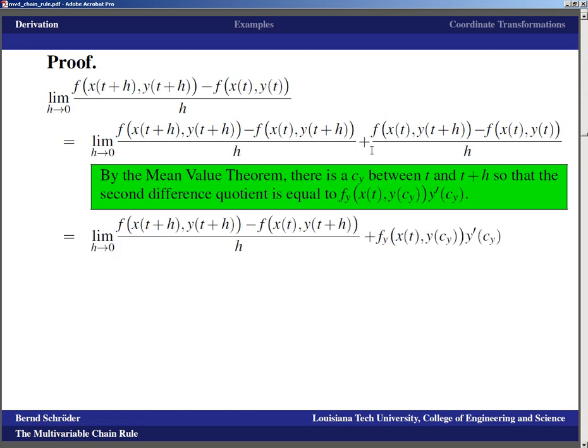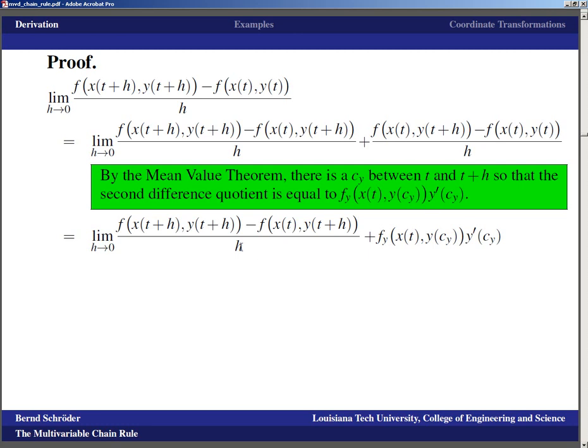And so our difference quotient is the partial derivative of f with respect to y, f sub y of x of t, y of cy, times y prime of cy, right? You take the derivative of the outside function, which is the partial derivative of f with respect to y, and then you take the derivative of the inside function, which is just y prime.